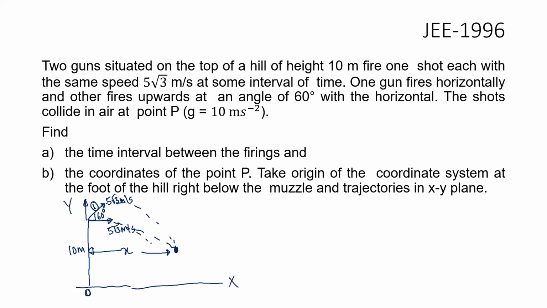So I'm going to mark that as first particle. Okay, the other one I'll mark it as second particle. Is that okay, guys? The one which is fired at an angle, I treat it as first particle. Okay, now let us do one thing.